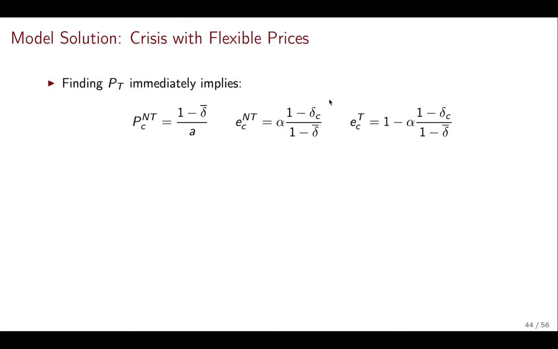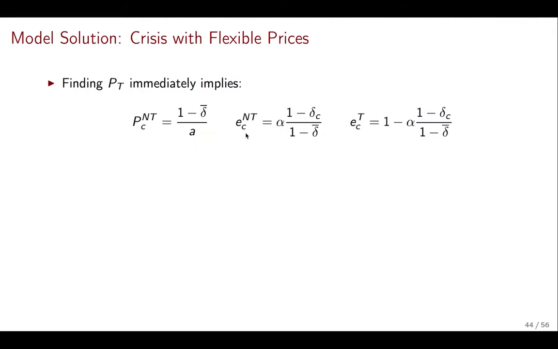If on the other hand you are a hard hit county, so your delta C is higher than average, then this ratio is going to be less than 1. And so your non-tradable employment is going to go down.